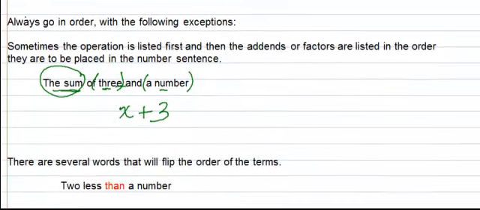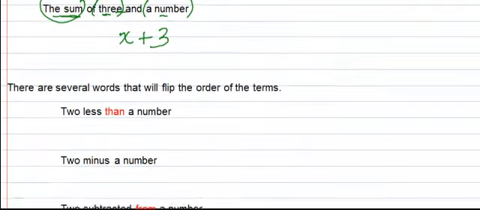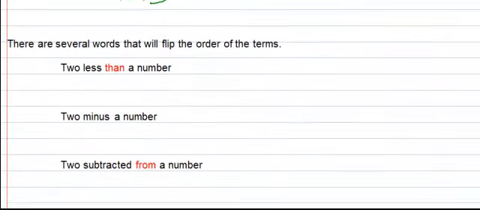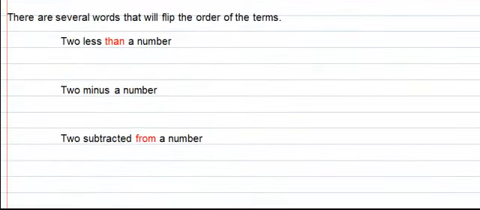The next exception is we've got the idea of words that flip the order. And I've got 3 sentences here, and you'll see I've got a few things in red, so that's your clue. Again, in class, I usually do this a little bit different. I write them up and we try to figure it out.